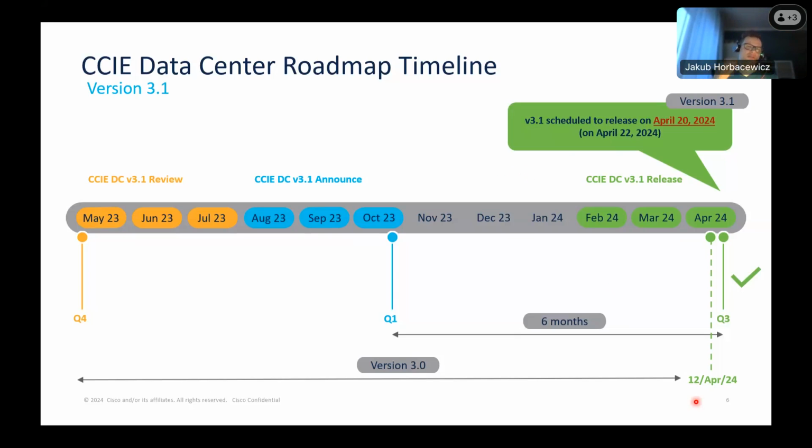That's why the current version, 3.0, runs until the 12th of April, and starting from April 22nd, only the new version is available for candidates. Note that there is no interim period where these two versions are available at the same time. Either it's version 3.0 until April 12th, or it's 3.1 starting from April 22nd.